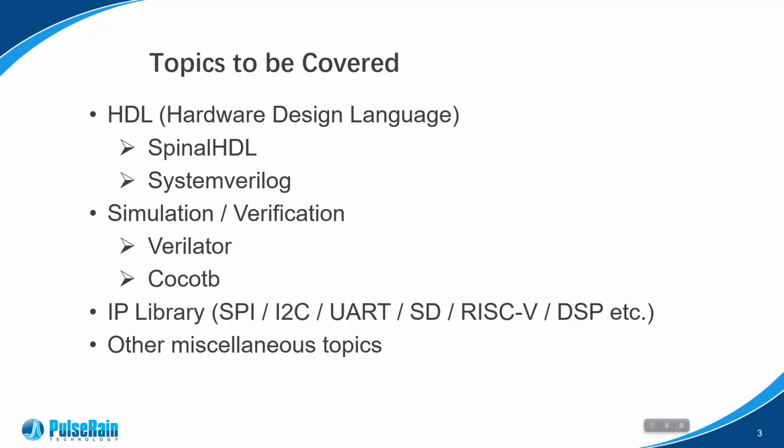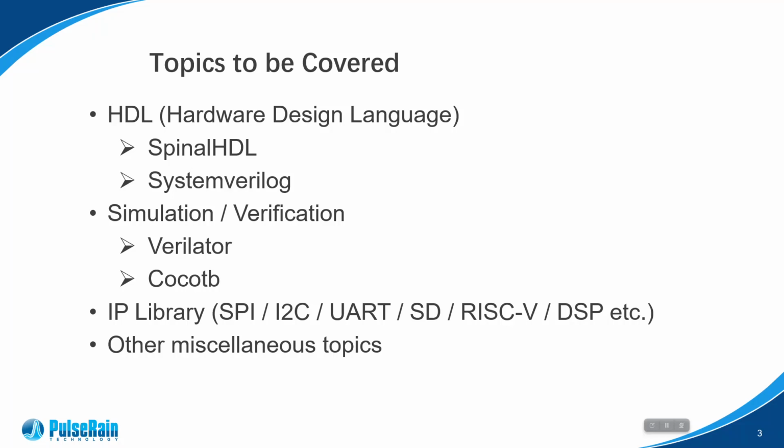The main topics to be covered in those talks are the following. First of all, we will discuss the hardware design language for RTL. As for Pulsing Technologies, the main HDL that we use is Spinal HDL, plus some SystemVerilog/Verilog.